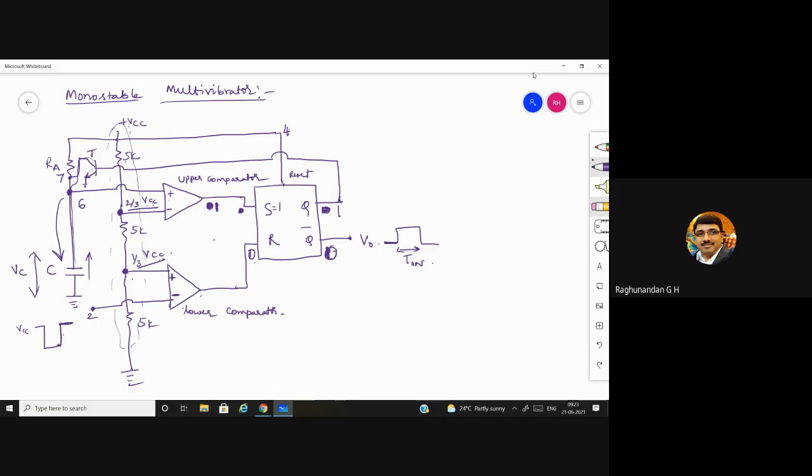This is 1, and this is connected to the transistor again. The transistor is turned on, again the capacitor starts discharging. So now the capacitor discharges completely.